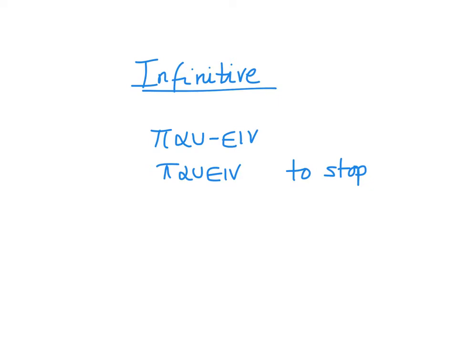So, for vocabulary, write down these. Keleuo is I order. Peitho is I persuade.